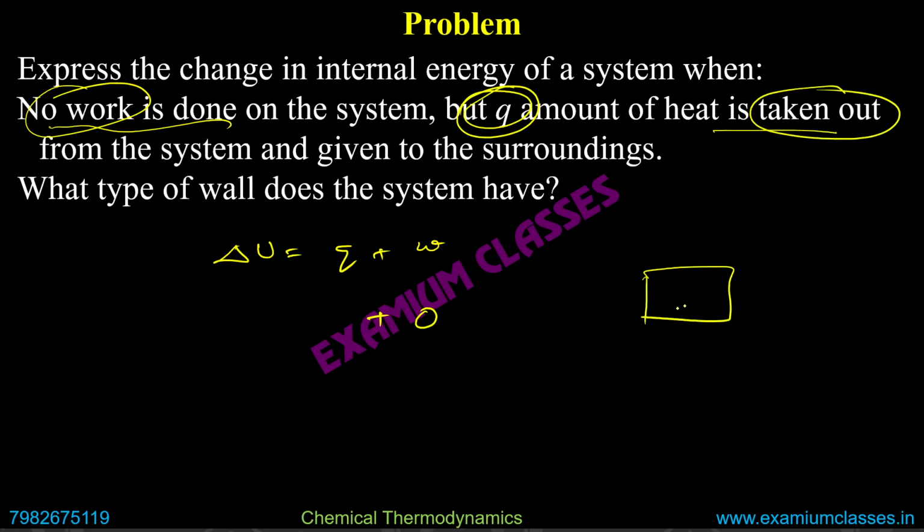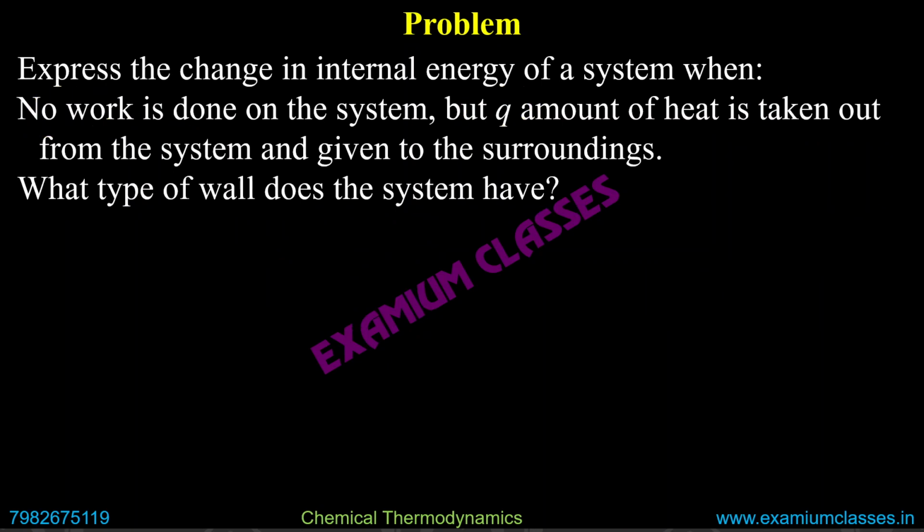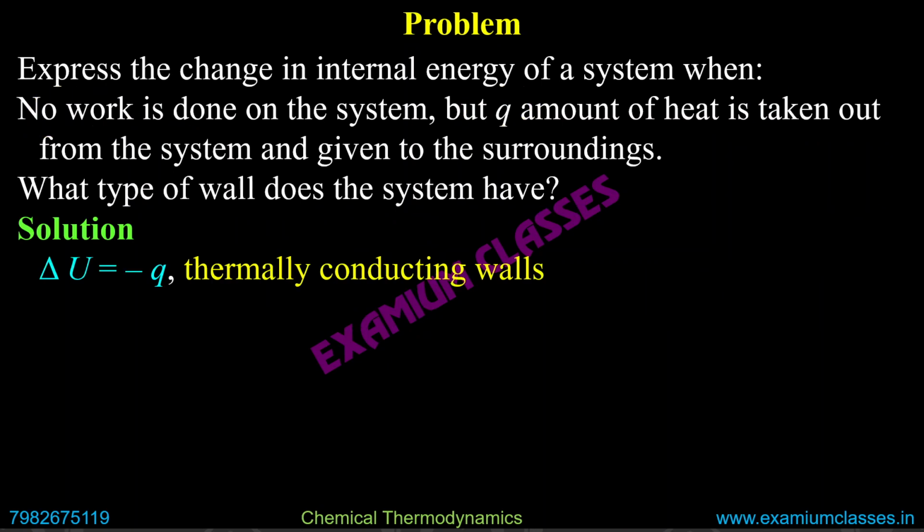If it is going out of the system, it is negative, so it will be minus Q. So delta U will be minus Q in this case. Now what type of wall does the system have? Work is not being done, but heat is getting transferred, so the walls have to be thermally conducting walls. So delta U will be minus Q and the walls are thermally conducting.